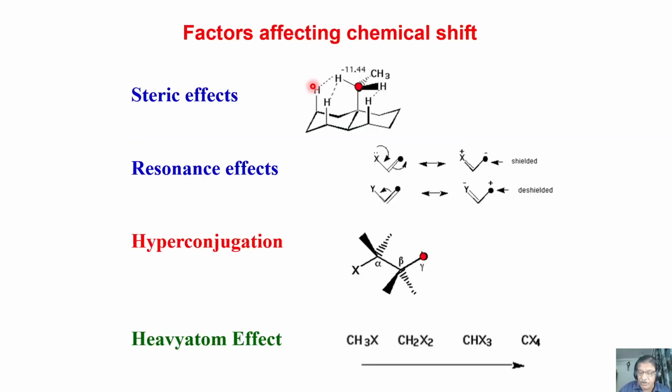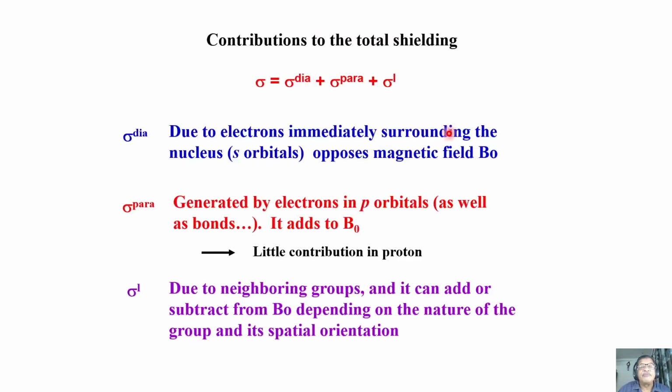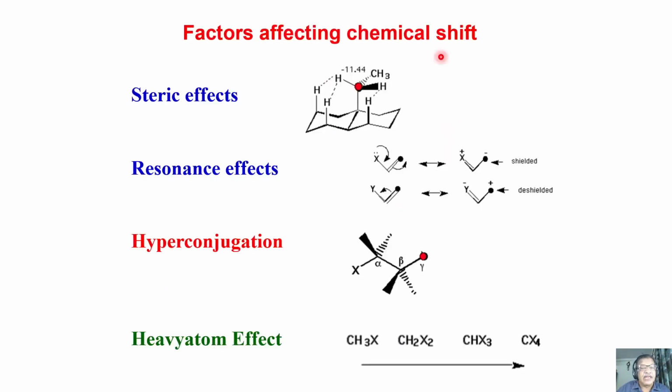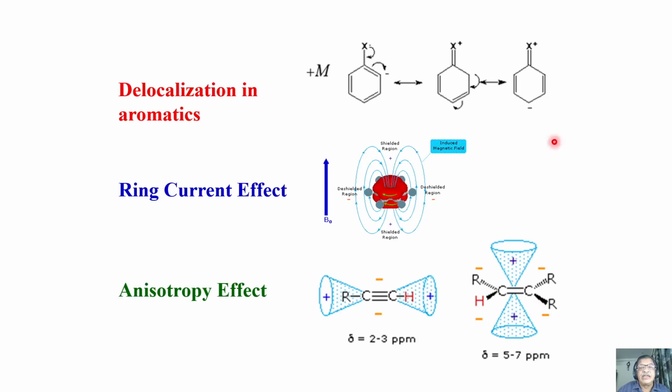Don't forget that. So with this idea, now we have to understand that various effects are there to interpret the NMR spectrum, like steric effect, resonance effect, hyperconjugation. What happens if you attach a heavy atom for this, and delocalization, aromatics, ring current effects, and anisotropy effect because of the anisotropy of the bonds.